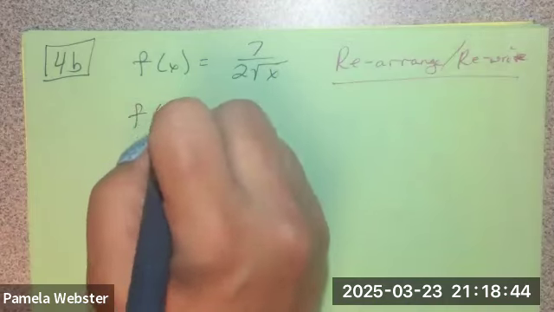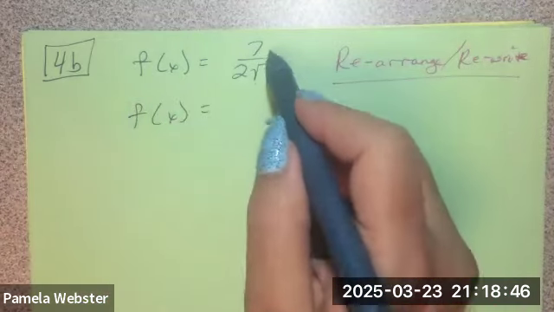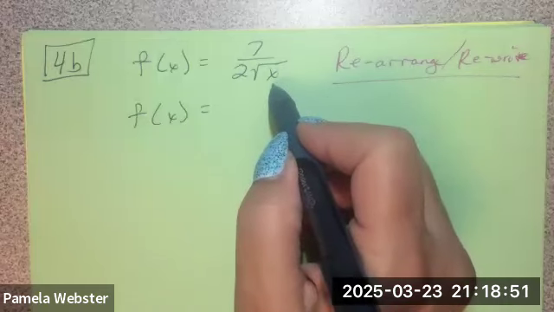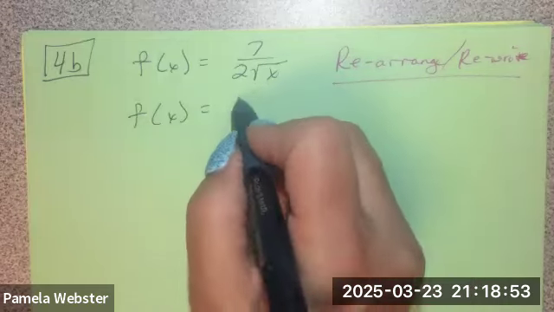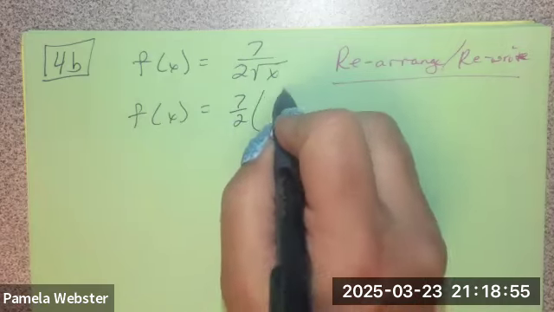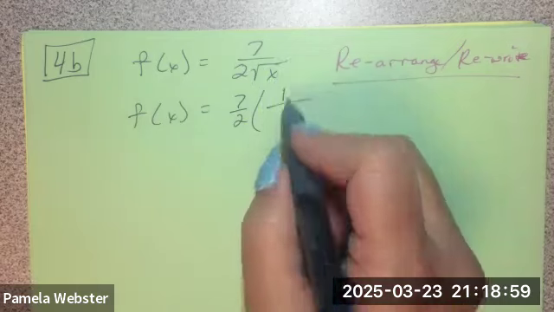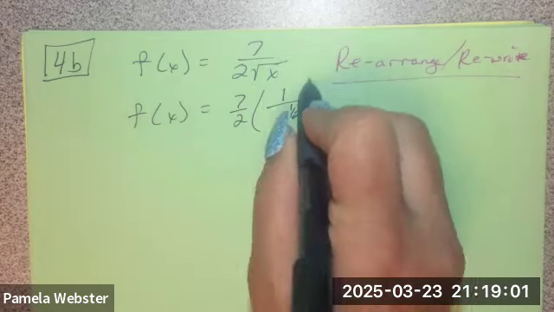So I'm going to find f of x equals, okay, the 7 halves is fine. But I've got 2 things I need to deal with here. On the bottom, so I'm going to write the 7 halves out in front. I've got 1 over. First thing is I'm going to rewrite this as x to the 1/2.